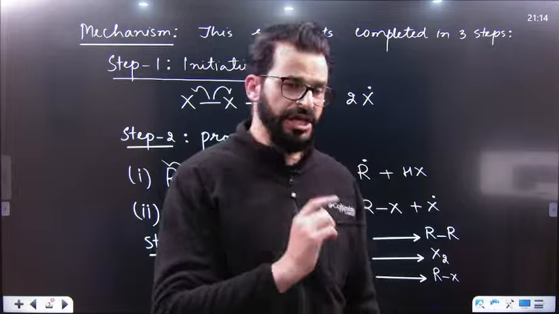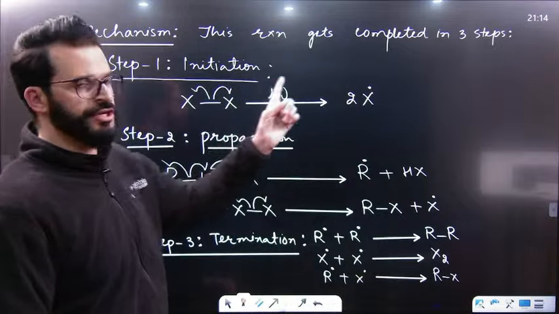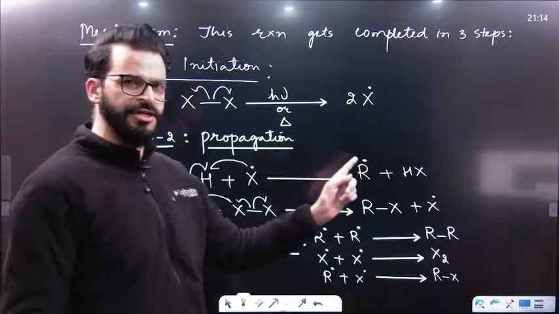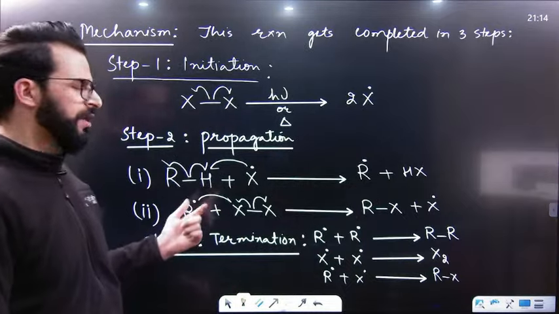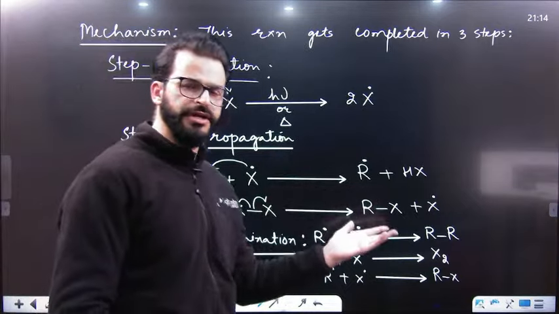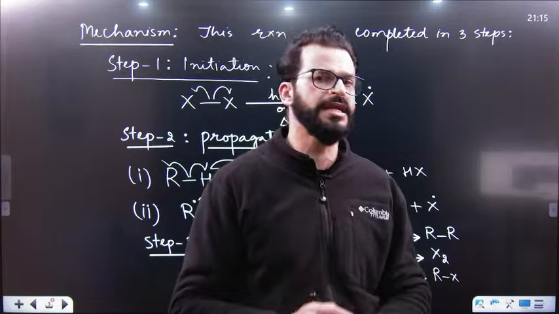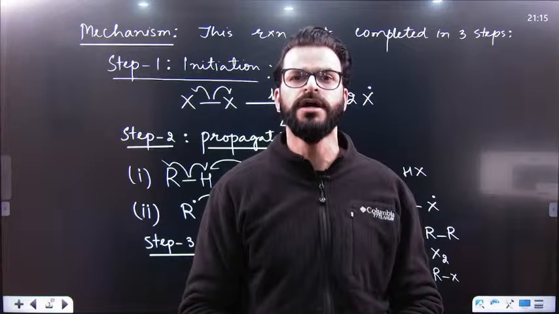So in initiation, the reagent forms a radical, and in propagation that radical will attack the substrate, forms a new radical, then the new radical reacts with the reagent once again and results in the formation of what we call a product. So product formation generally takes place in the propagation step.